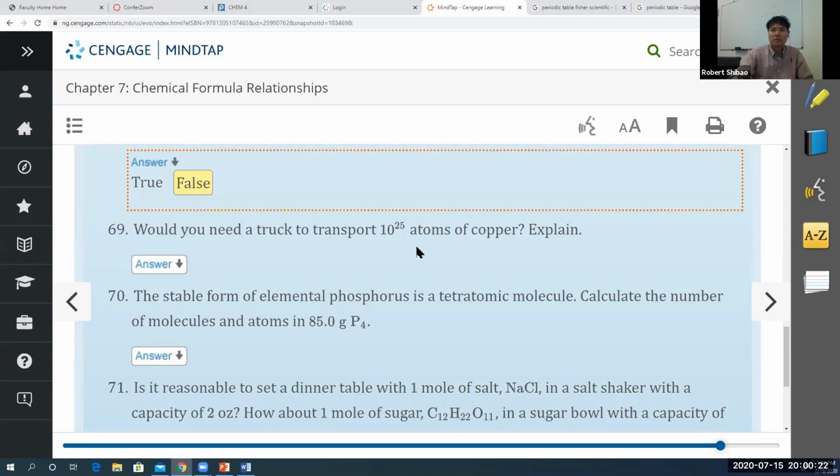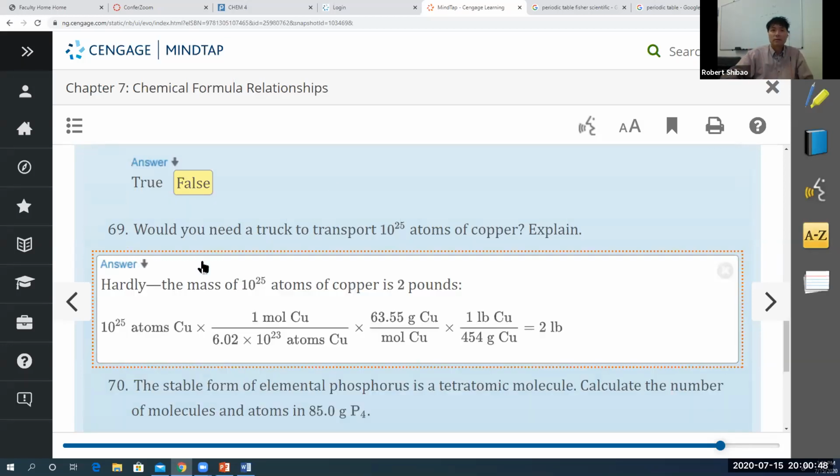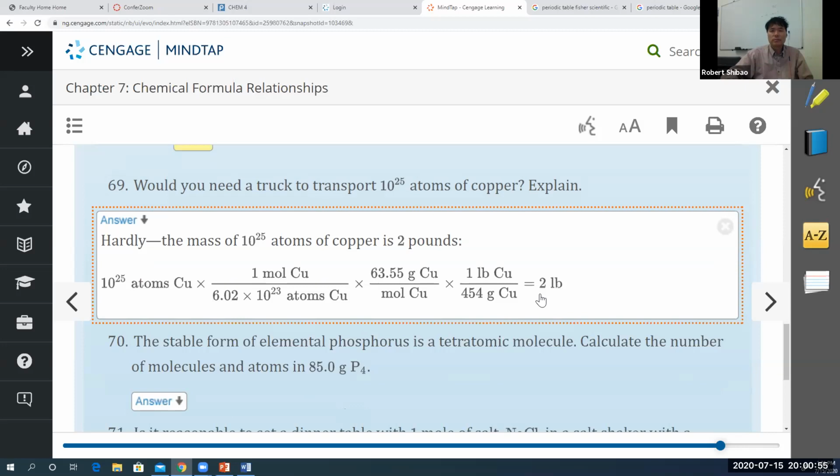I don't have my periodic table in front of me, but I know the number roughly. 100 times 63 grams is 6,300 grams, or about 6 kilograms of copper. A kilogram is about 2 pounds.